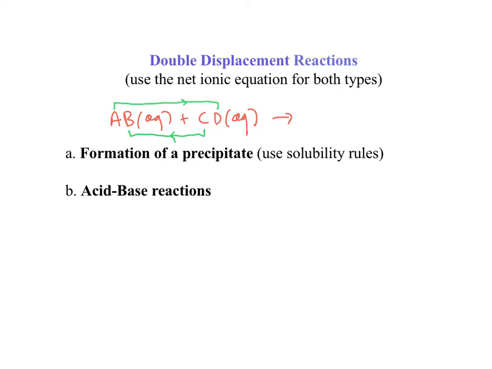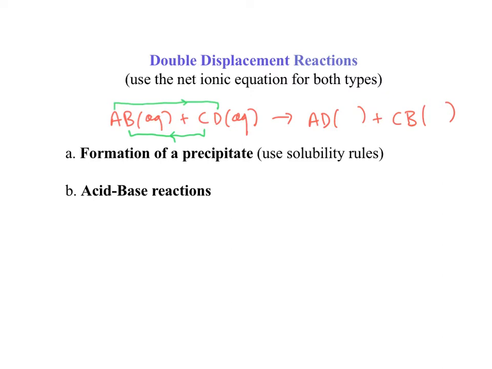So you would expect here for this to be AD aqueous plus CB aqueous. Okay, it's not always aqueous. Actually, I probably should not even have put them in. So let me just erase the inner part right there. You don't know. One of them will be aqueous, but the other one will not necessarily be aqueous.